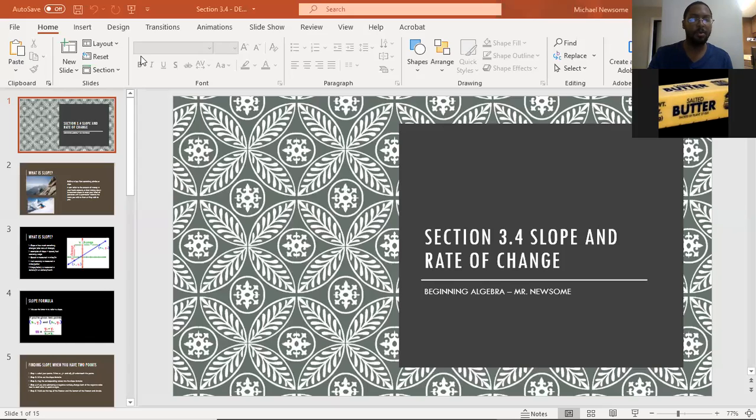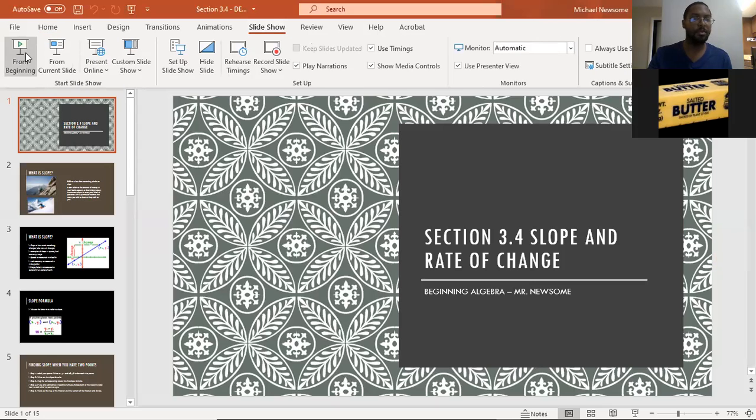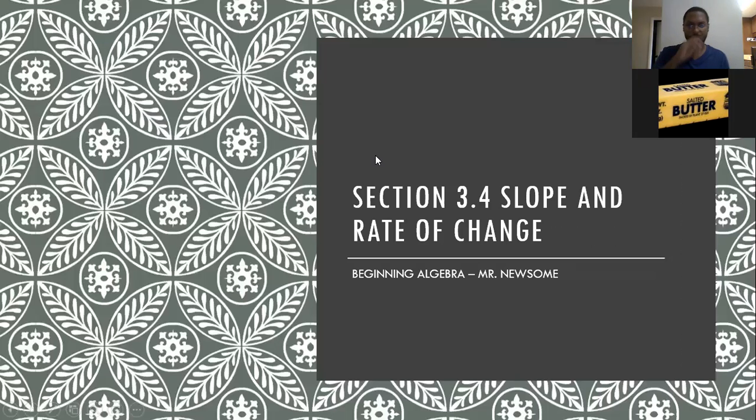Okay, so we're gonna keep going, and we move on to 3.4. In 3.4, we look at slope and rate of change. So we started looking at slope and the rate of change. I kind of described what slope was.